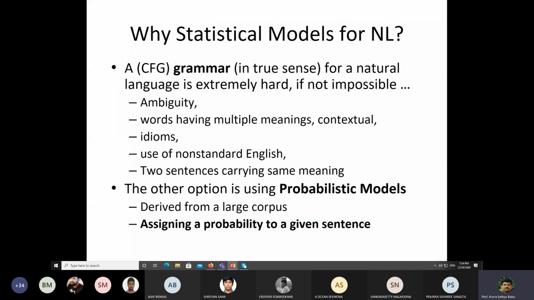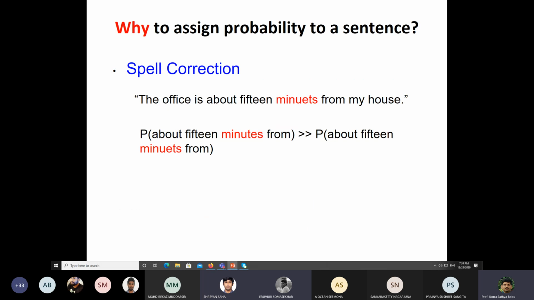Now let us see spelling correction. Why assign probability to a sentence? Okay, maybe there is a small latency.